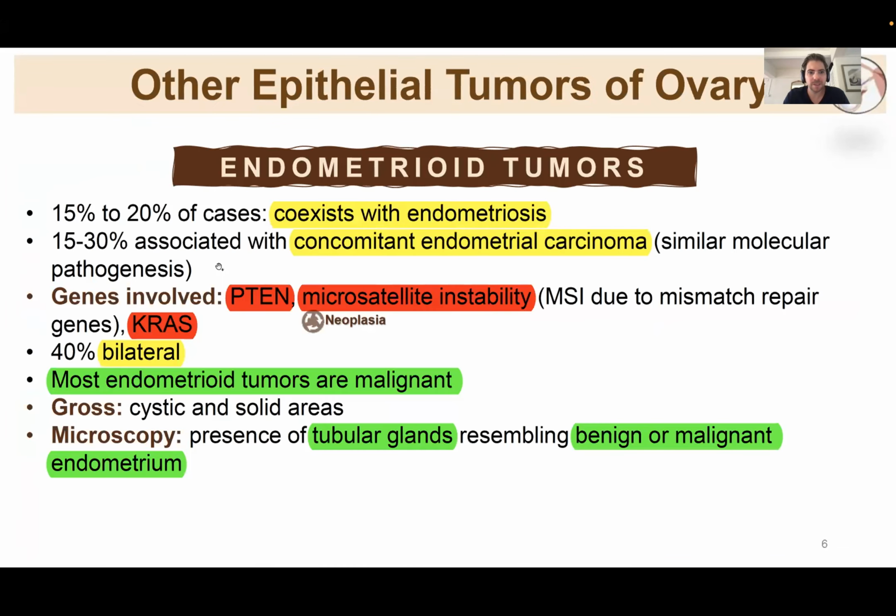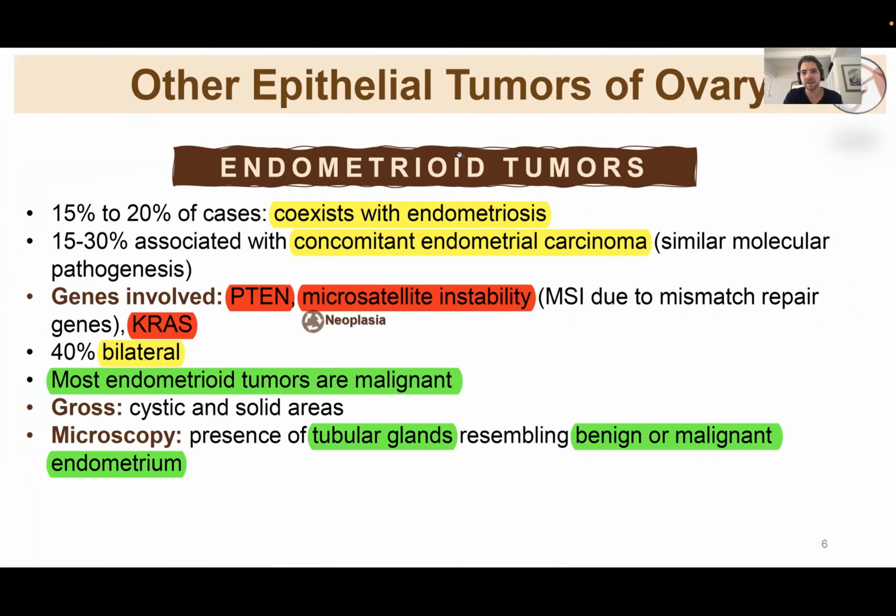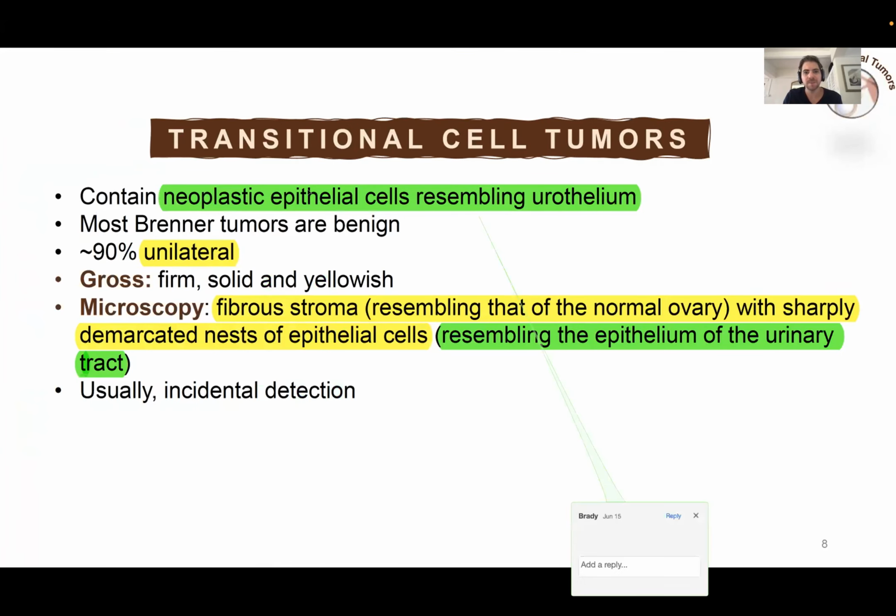And we'll keep going with these. Now, these endometrioid tumors, PTEN is involved, microsatellite instability. So you have a problem with mismatch repair. You're not able to fix your DNA mistakes. So that could lead to cancer. You could see KRAS was involved, I believe, in the mucinous we saw, but PTEN and P53 are involved specifically in these clear cell endometrial tumors.